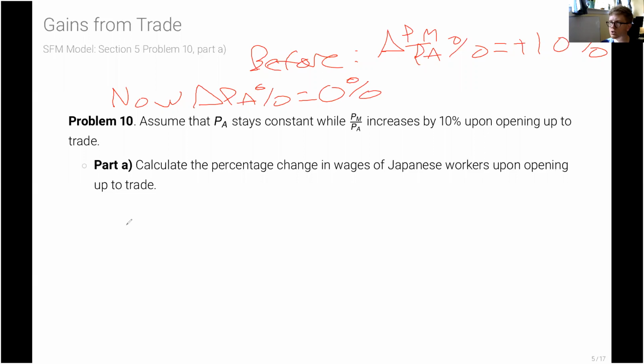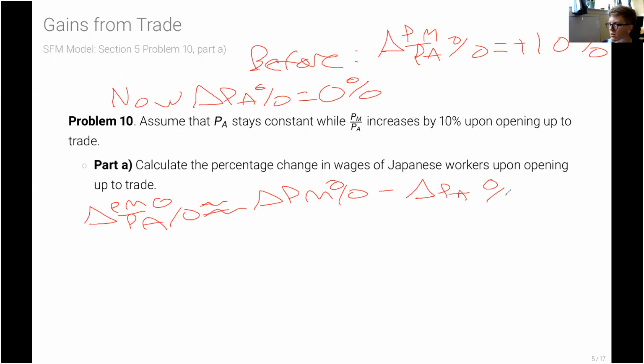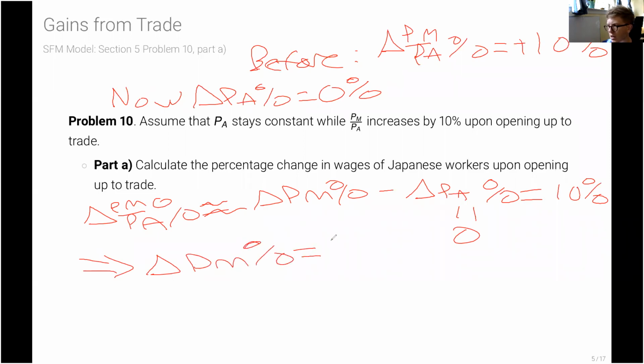And so then, just using the rule that the percentage change in PM over PA is approximated by the percentage change in PM minus the percentage change in PA, if the change in PA is equal to 0 and this expression is equal to 10%, then that implies that the percentage change in PM is just equal to 10%.